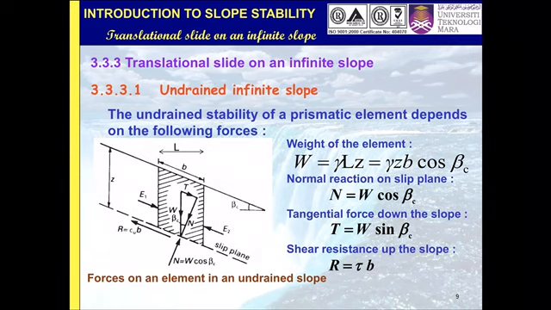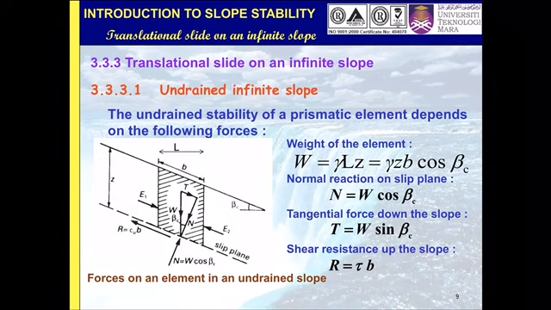Z is the depth of the soil. And because L is horizontal, and this slope is inclined, L is equal to B cos beta.